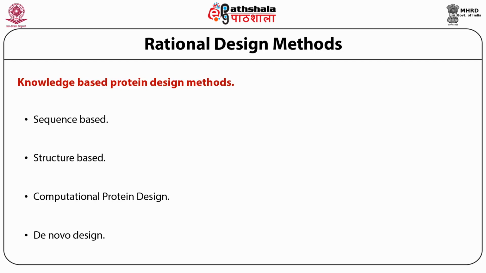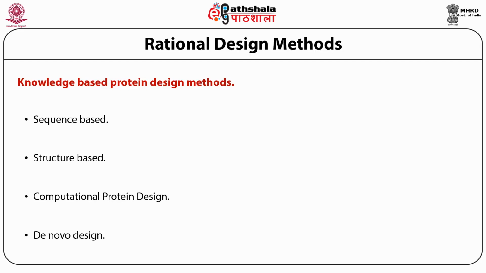In structure based protein design, we use 3D structures and examine them through molecular visualization software, and we change the amino acid combinations near the active site to design the proteins.